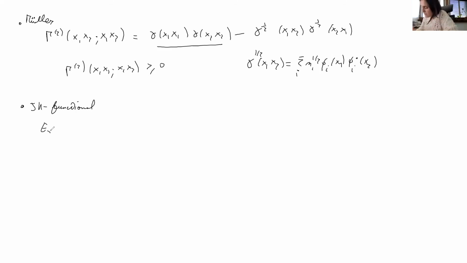So for the exchange correlation part, so it's the interaction part beyond the Hartree, okay, can be written in this way as I said, as a functional of the natural orbital occupation numbers and natural orbitals, okay.